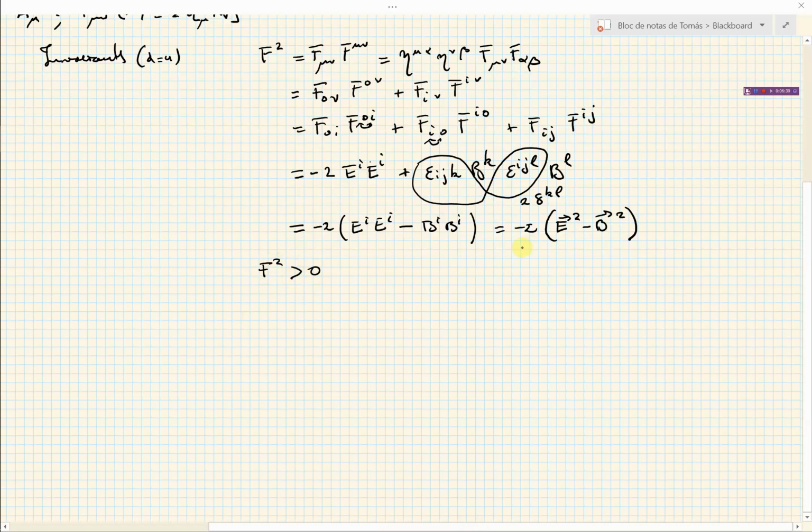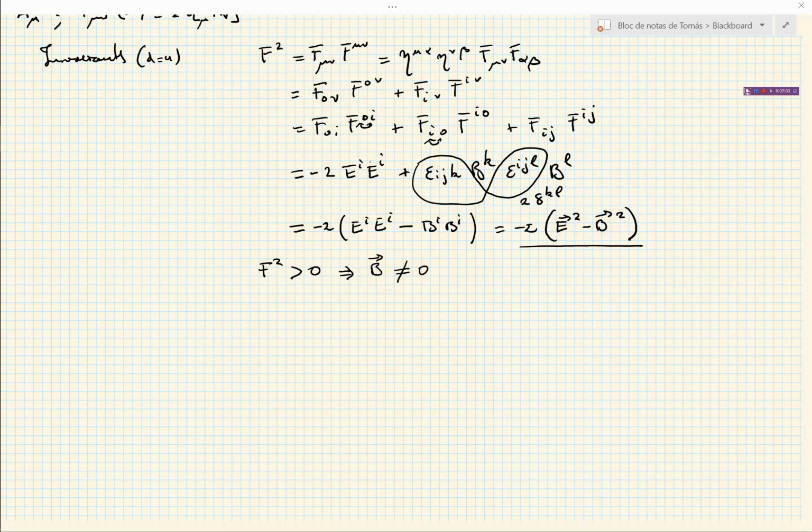Looking at this expression, you know that there must be a magnetic field which is different from zero. There might be some electric field whose square is smaller than B squared, but whether there is E or not, we just don't know from this invariant. All we know is that at least there is a magnetic field, and this is different from zero. Now, this is true in any inertial reference frame.